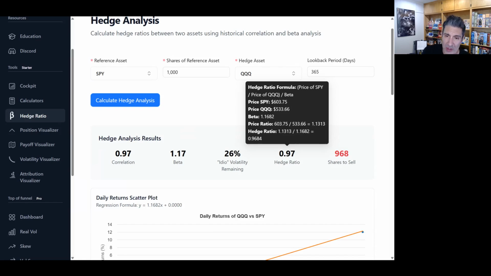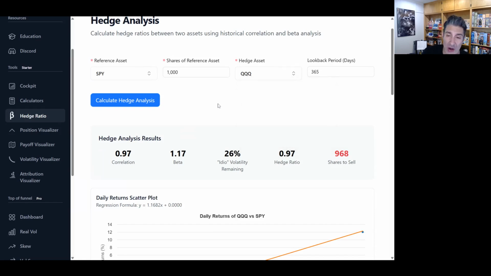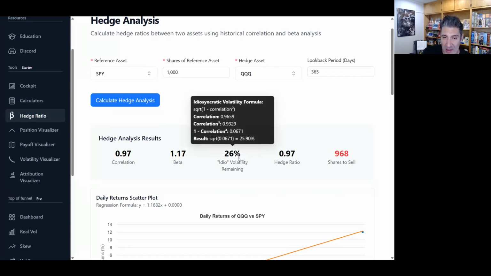So you would be long $600,000 of SPY and short about $520,000 worth of Qs. If you had that position on, then instead of your daily P&L varying by $10,000 a day in SPY, 1.4% of 600,000, it would only be varying by about $2,500 a day, because you'd only have about 26% of that risk remaining.